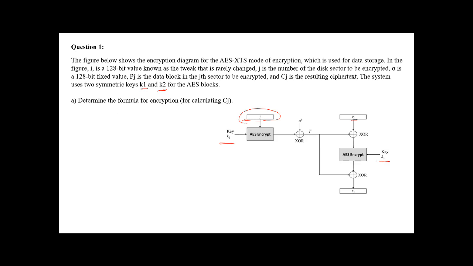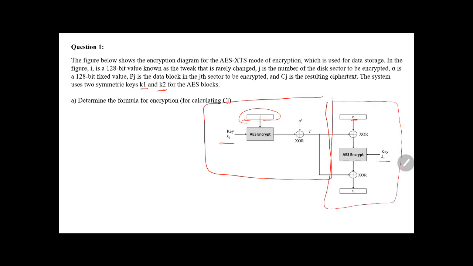So let's try to break this diagram down to make it easier. So I can break it into two things: this sub-block and this sub-block. Why? Because as you can see here, let's call this sub-block number 1, and this block number 2.